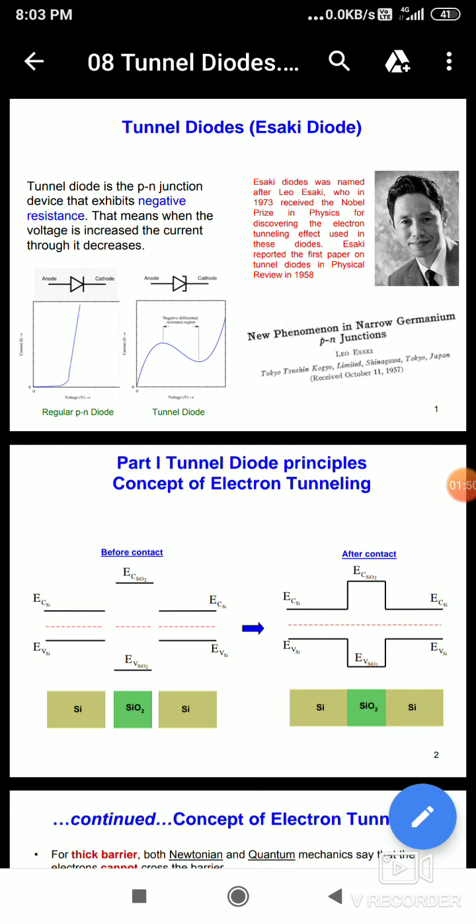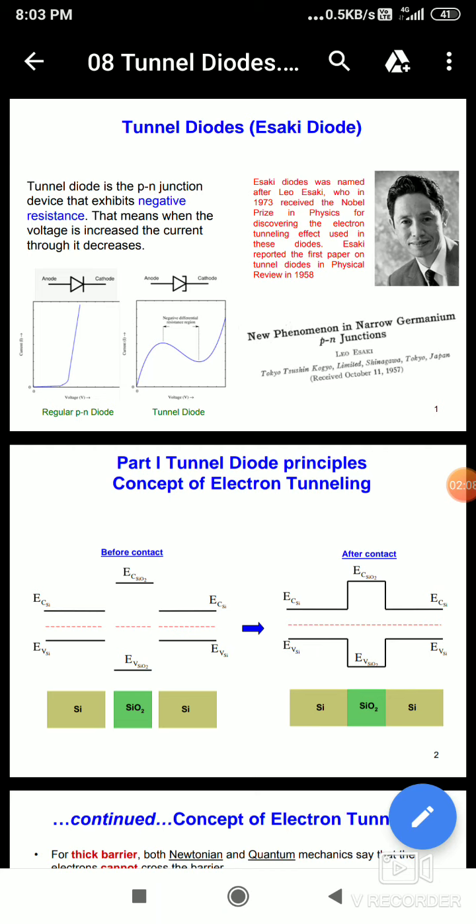Negative resistance means the current across the tunnel diode decreases when the voltage increases. This tunnel diode is also called the Esaki diode, named after Leo Esaki for his work on the tunneling effect.